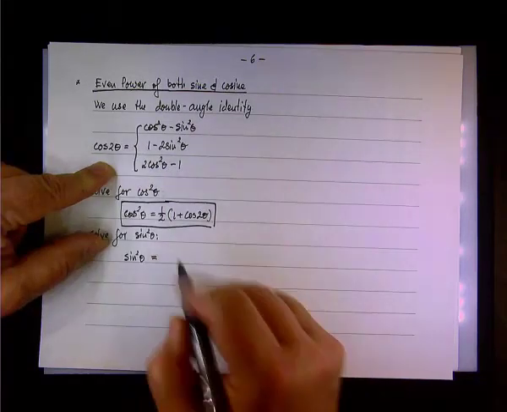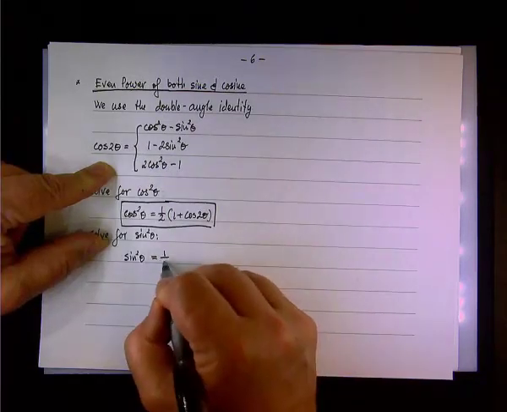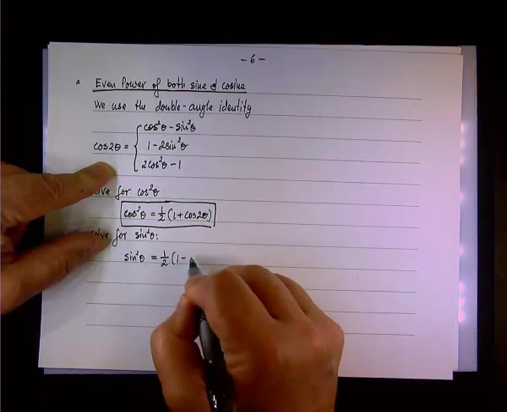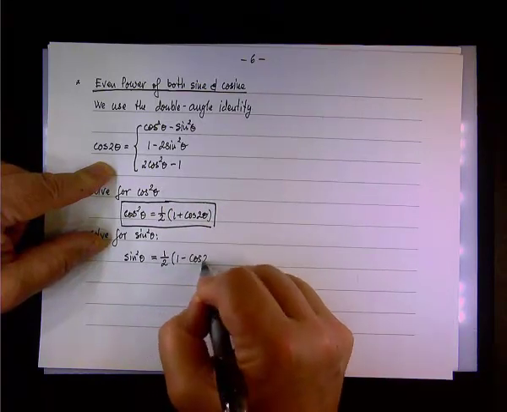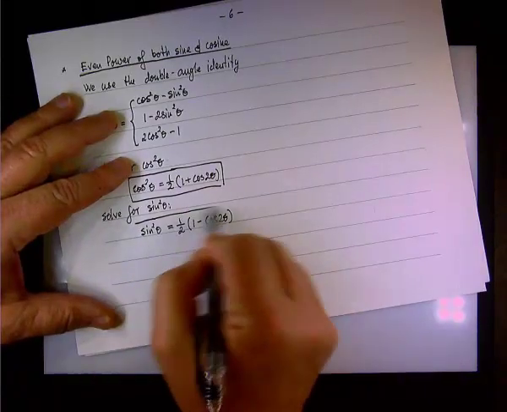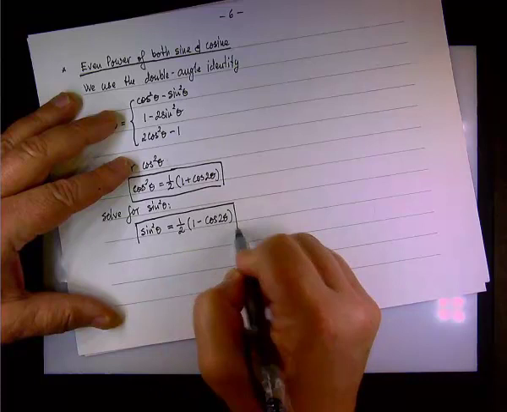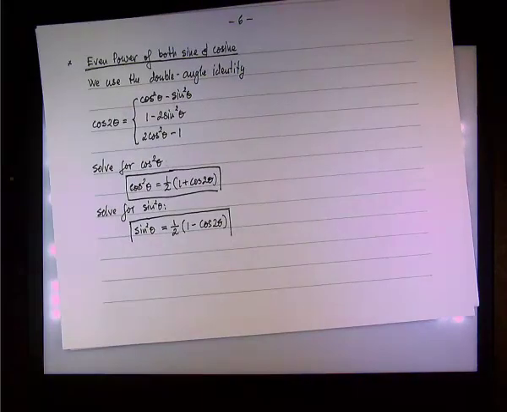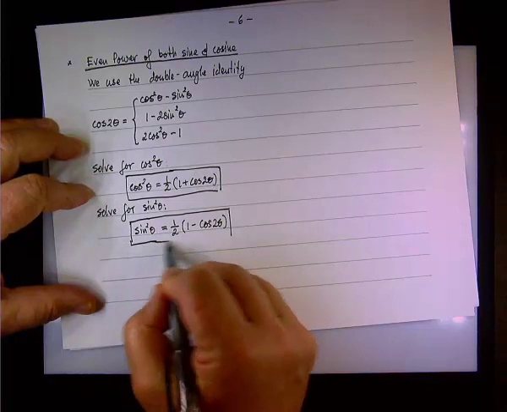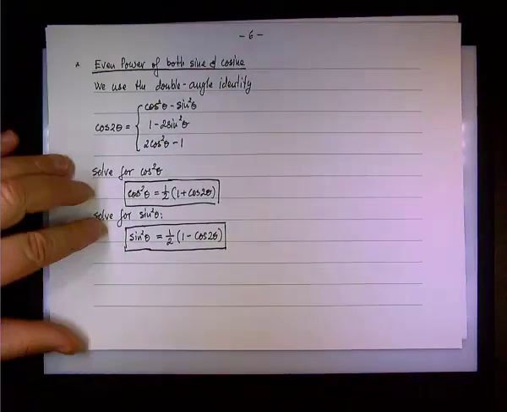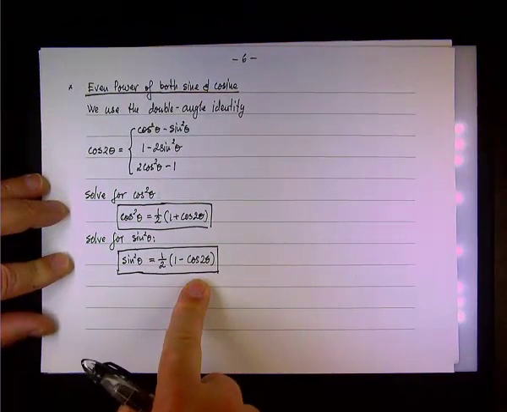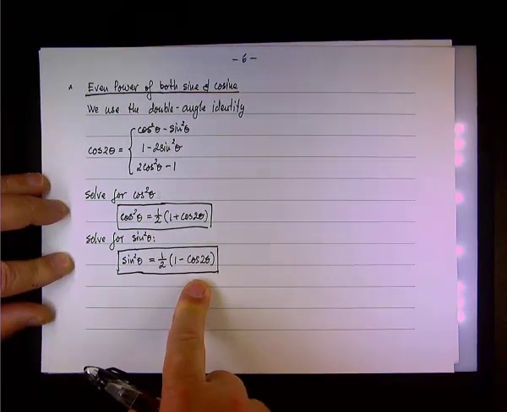So let's see, 2 sine squared equals 1 minus cosine 2 theta, and sine squared by itself will be 1/2 times 1 minus cosine 2 theta. So no matter whether we choose to replace the sine squared or the cosine squared, you end up having cosine 2 theta.